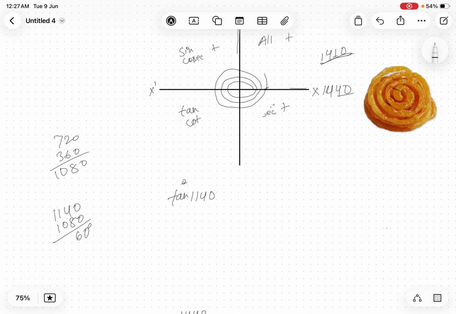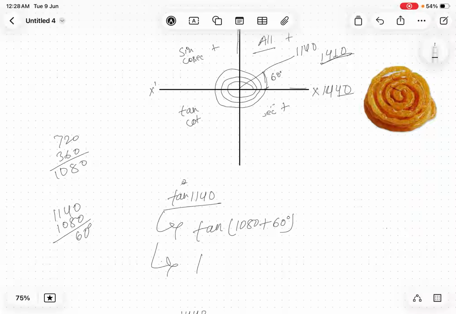Now we will go further, at this 60 degrees we will find 1140. So tan 1140 can be written as tan of 1080 plus 60 degrees. So this is in the first quadrant, and in the first quadrant all the values are positive.